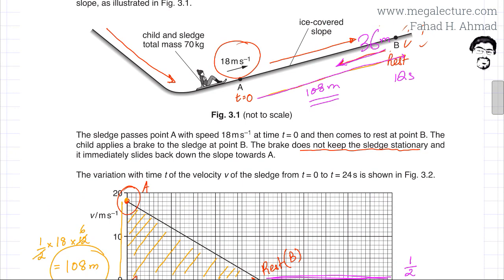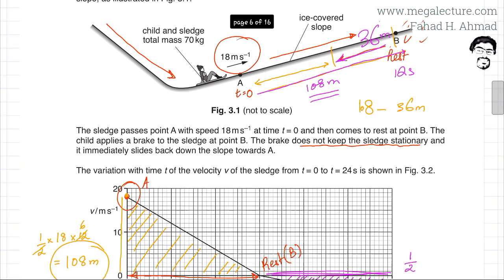So moving upwards, it covered 108 meters, then it started moving backwards, and up till time t equal to 24 seconds, it had only covered 36 meters. So we need to find displacement. The net displacement from point A is going to be this distance over here. So it's 108 meters minus 36 meters.